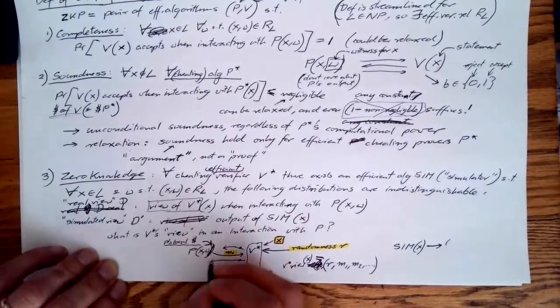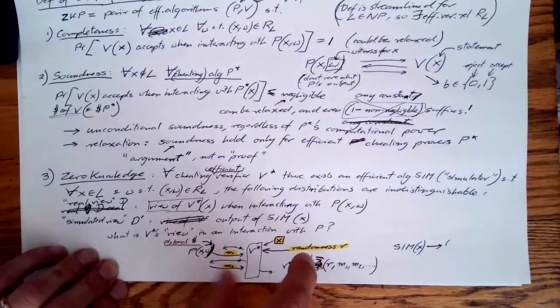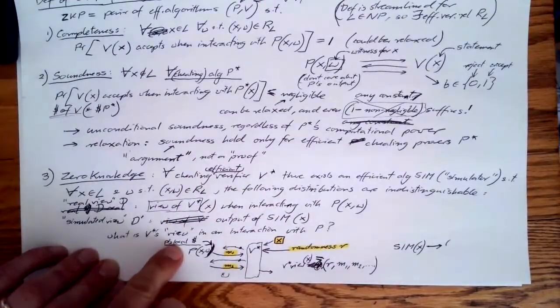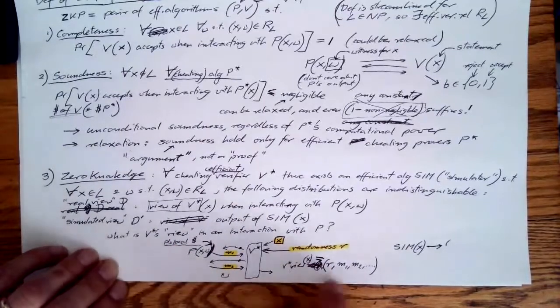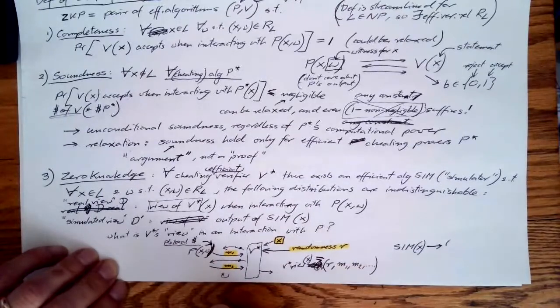It's inputted here. And in a real execution, this randomness is chosen at random, the prover's randomness is picked, and then they execute. And what V star sees is his own randomness and the messages it got from the prover.